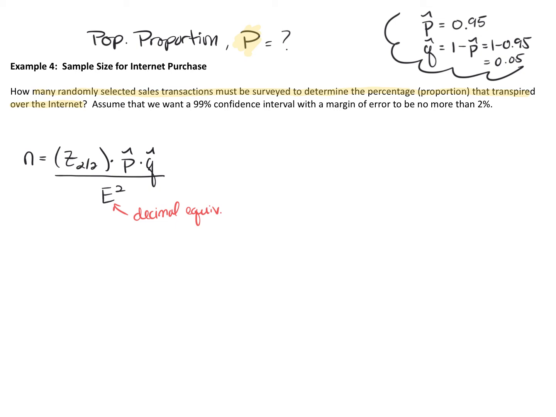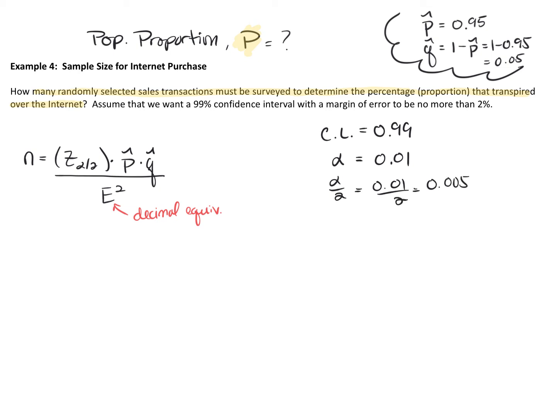And we want to assume that we want a 99% confidence interval with a margin of error to be no more than 2%. So my confidence level is 0.99, which means that my significance level, or alpha, is going to be 0.01. Therefore, alpha divided by 2 is 0.01 divided by 2, or 0.005.